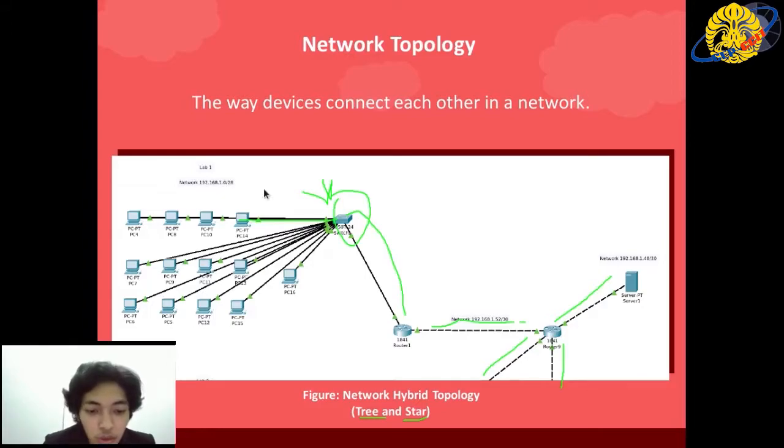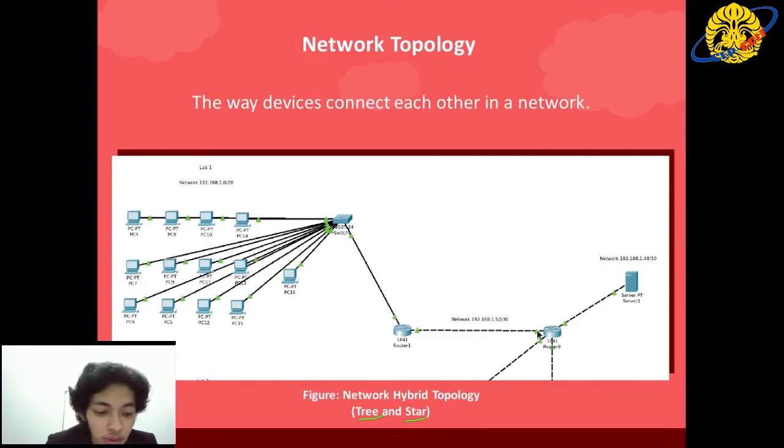Okay, first I want to explain about the network topology that we use for this project. We are using a hybrid, which is a tree and a star combination. First, why we are saying it's a tree and a star: because here from the server this is connected to a router here, there's also another source here.